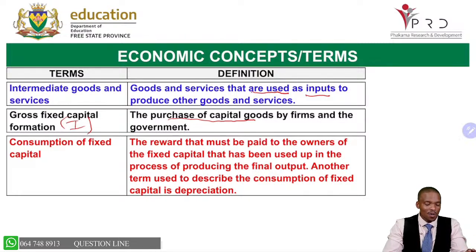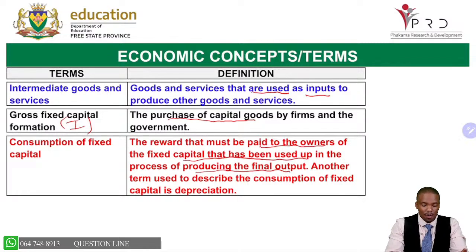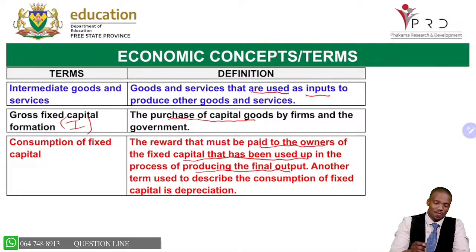Then we've got what we call the consumption of fixed capital. Here we say that is the reward that must be paid to the owners of the fixed capital that has been used in the production process or in producing final goods and services. Then we can also say it is the consumption of capital.